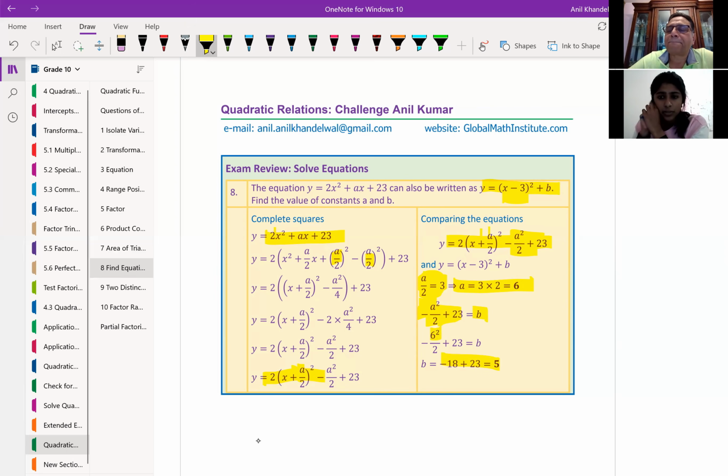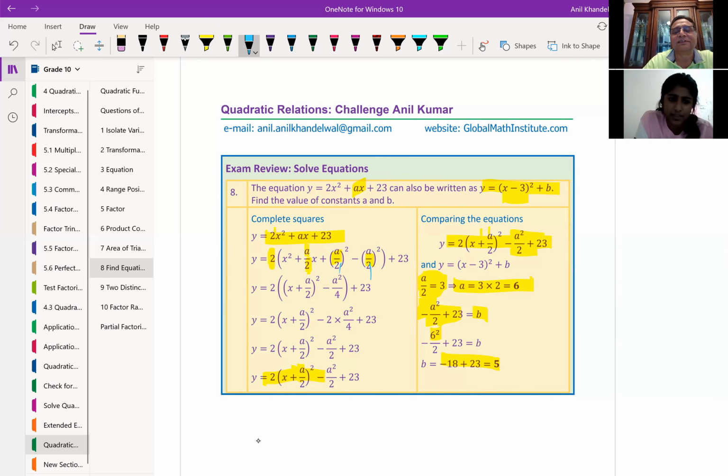Just to double check, with the first step, is it supposed to be ax? We took 2 common, so we divide a by 2. Half of a by 2, you mean, right?